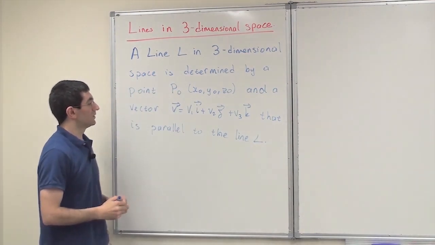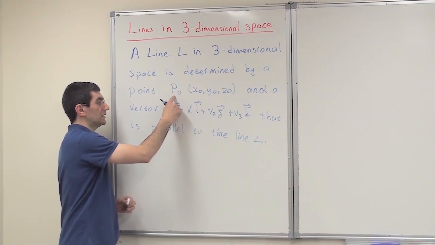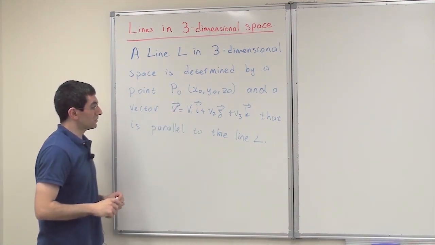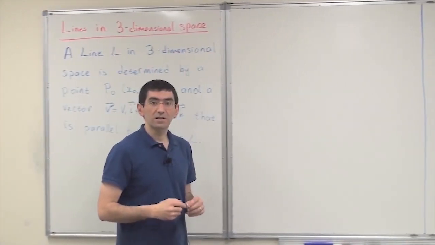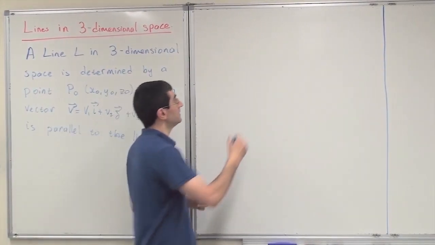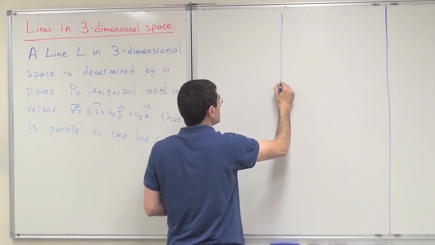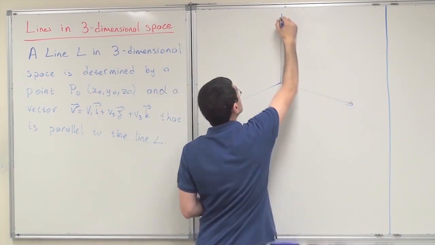Okay, so what we need is, again, a point on the line and a vector which is parallel to the line. So let's see how we derive line equations given this information. I'm first of all going to draw a three-dimensional coordinate system.